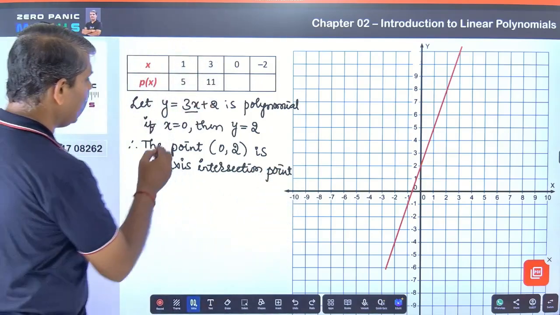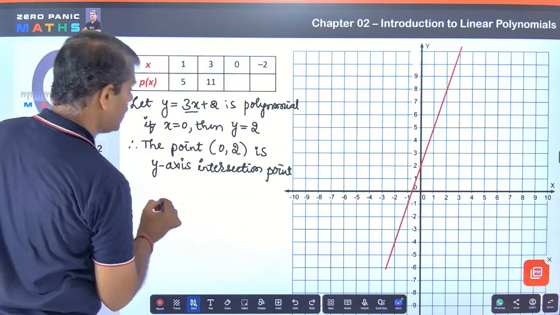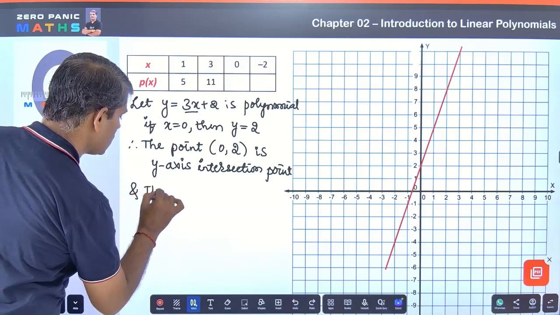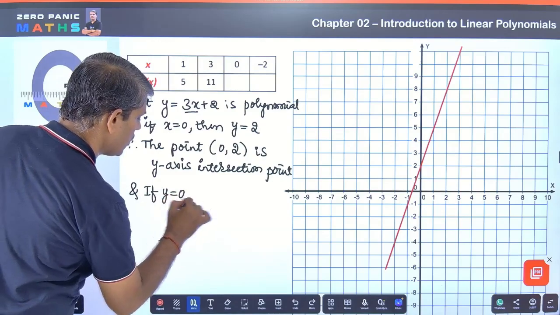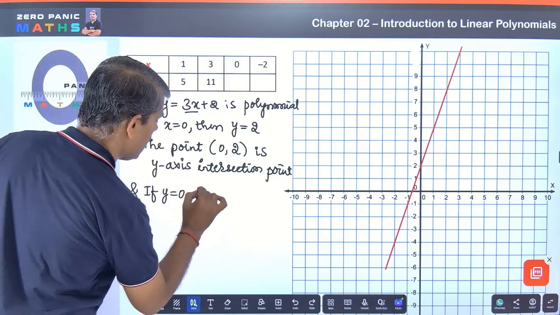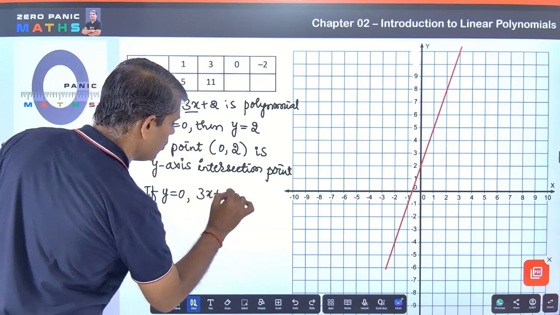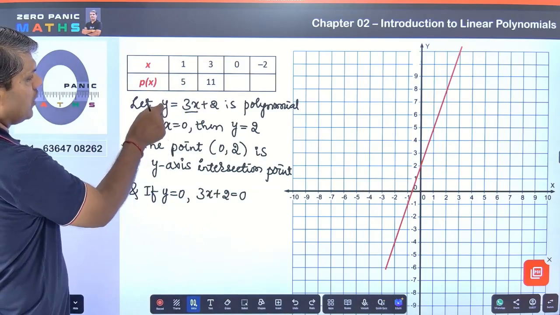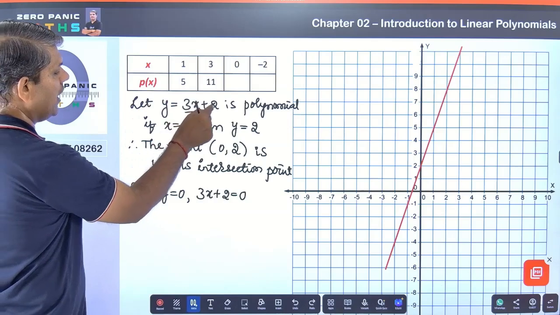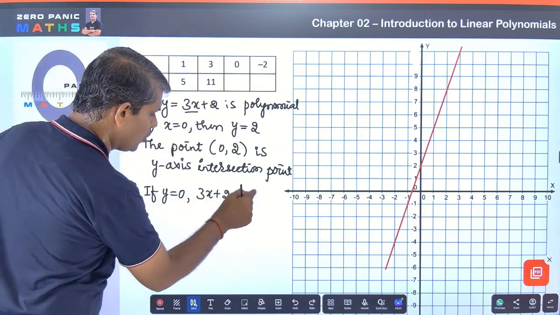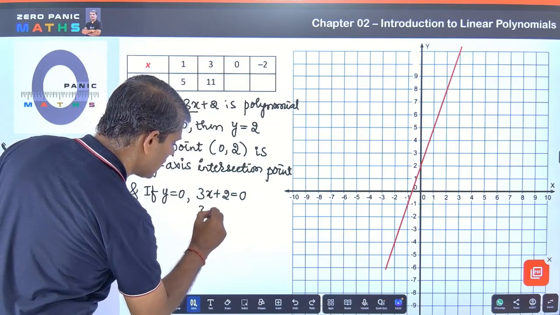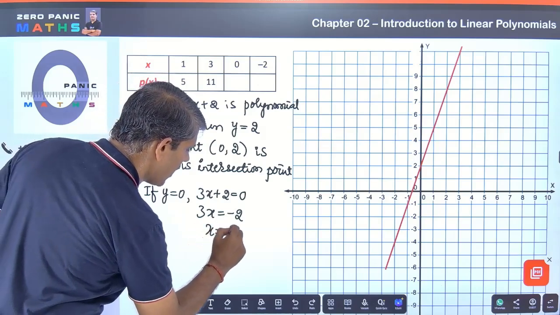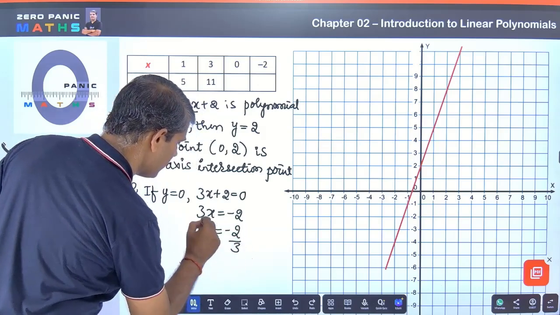Similarly, if y is equal to 0, what will it be? It will be 3x plus 2 is equal to 0. This part is equal to 0. Here if I take 2 to that side, just carefully do it, minus 2, and x is equal to minus 2 by 3.